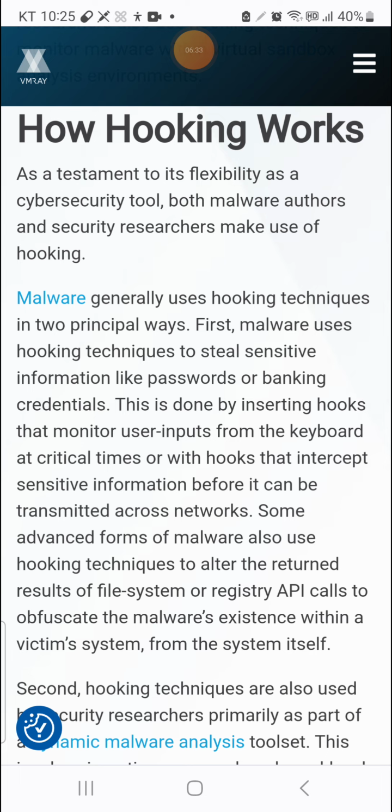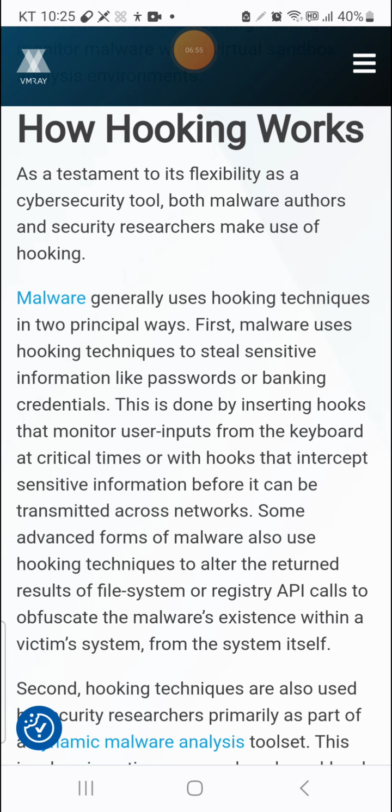Some advanced forms of malware also use hooking techniques to alter the returned results of file system or registry API calls to obfuscate the malware's existence within a victim system from the system itself.